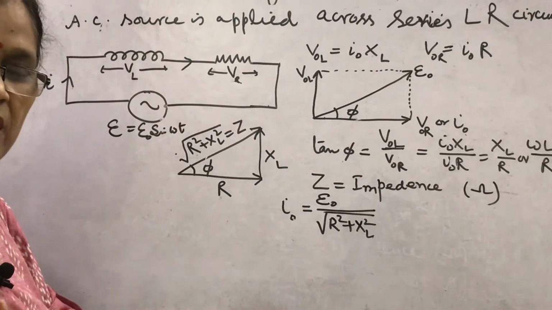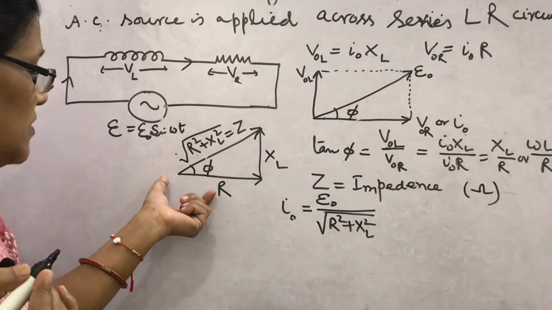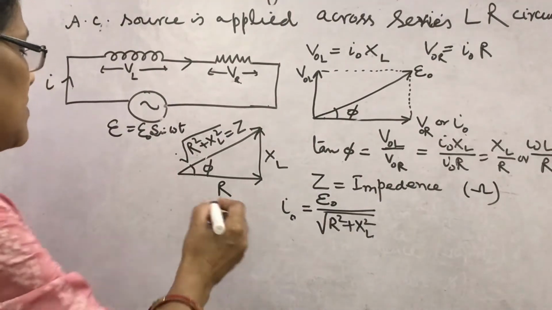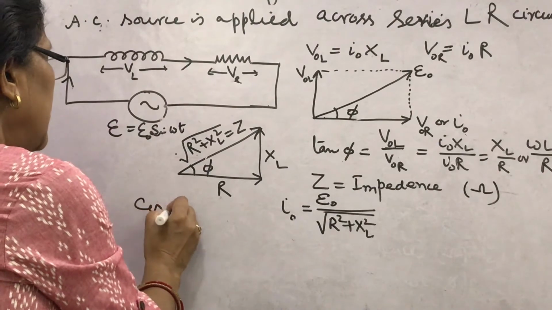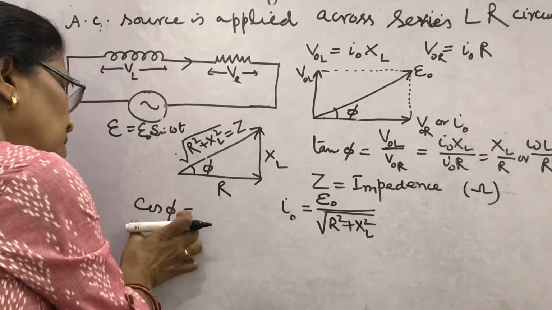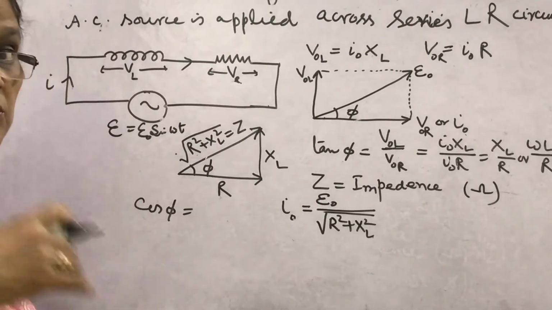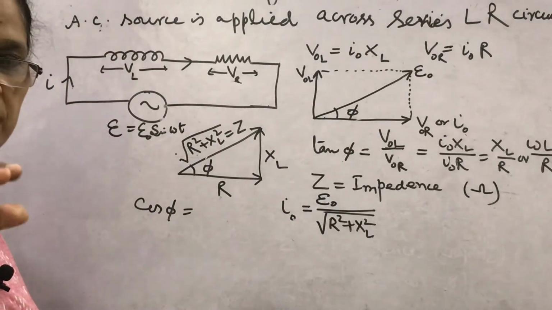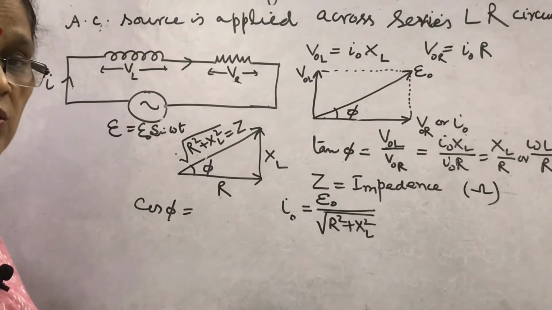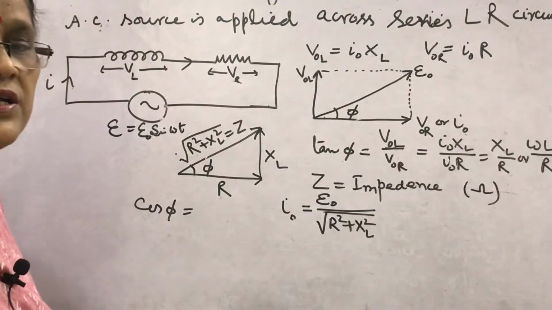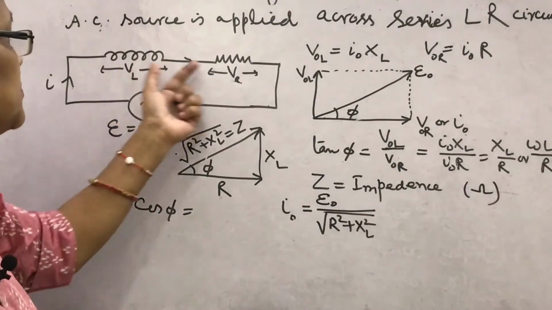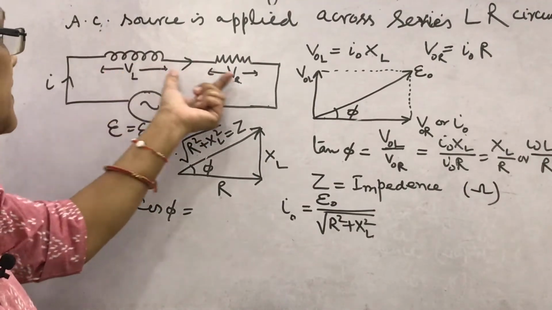What can you find for cos phi? Cos phi is an important term which is used for finding the power dissipated in an AC circuit. Learn the cos phi value for any AC circuit, when these two are connected in series.